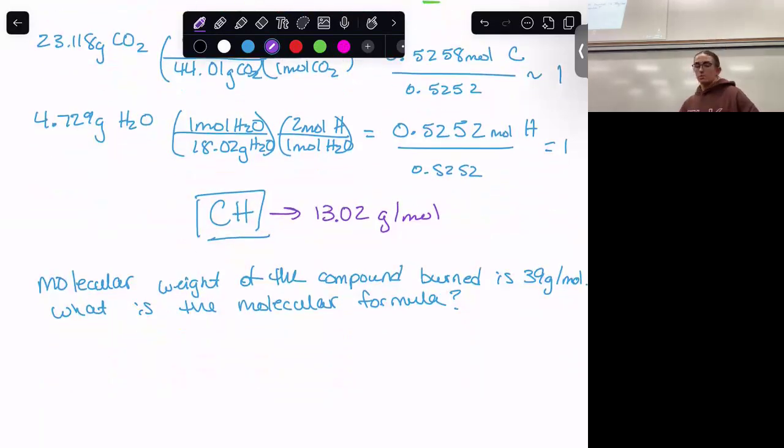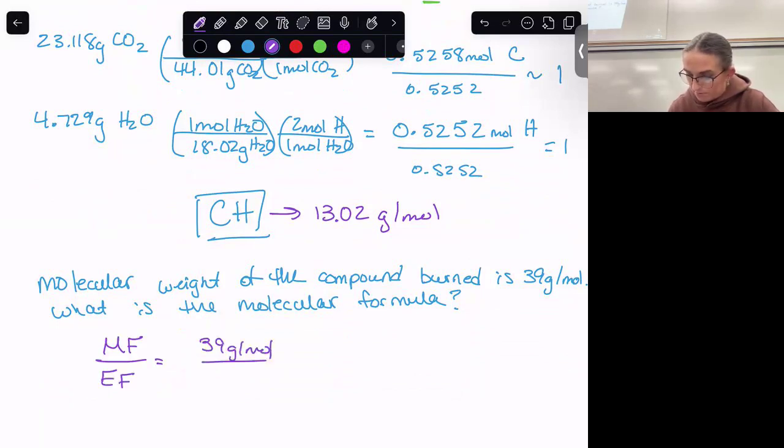It's still a ratio. So we're saying that our molecular formula we know is bigger than our empirical formula. So we know that 39 grams per mole is 13.02 grams per mole. So what is that ratio? 3, right? So our molecular formula is 3 times as big as our empirical formula.